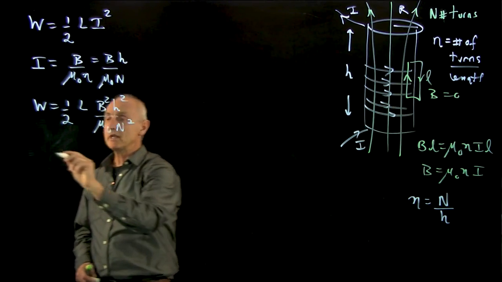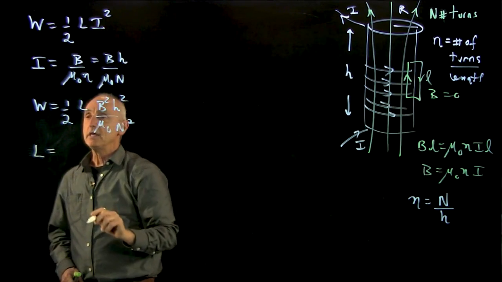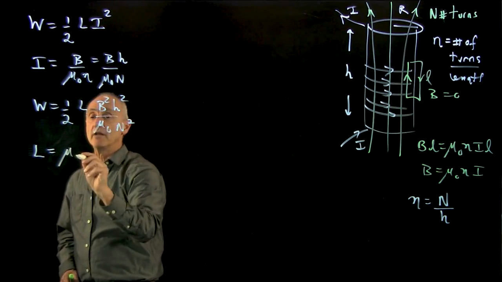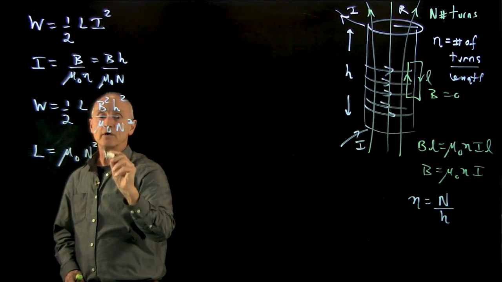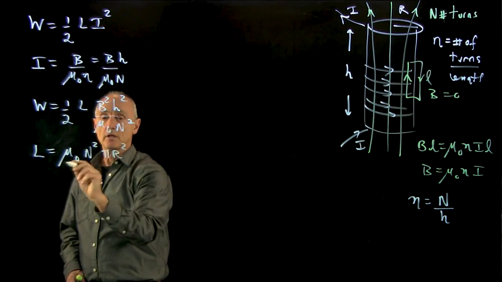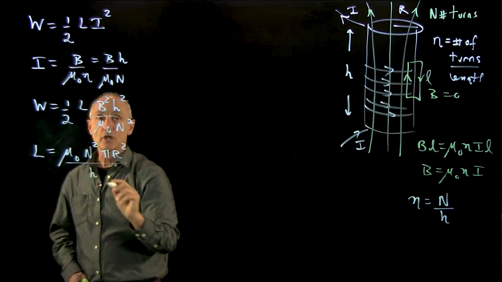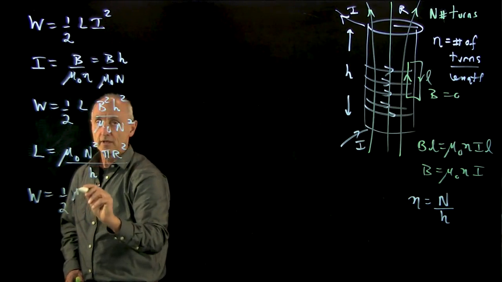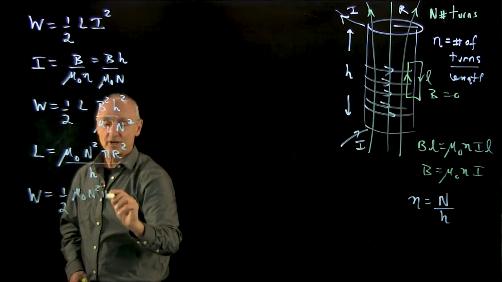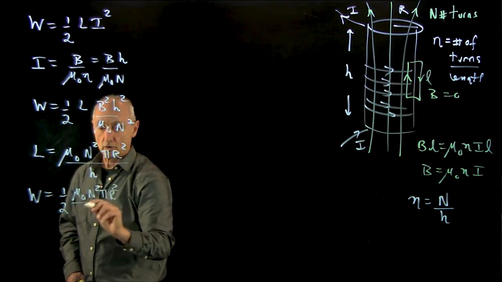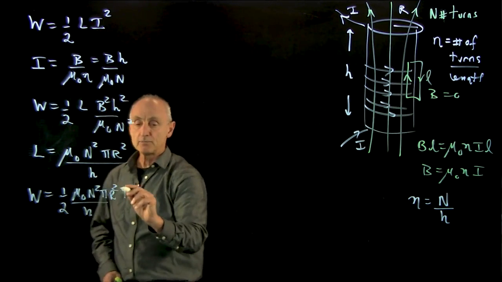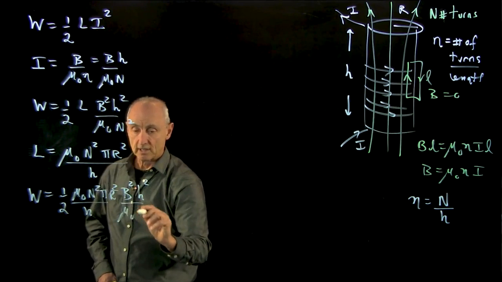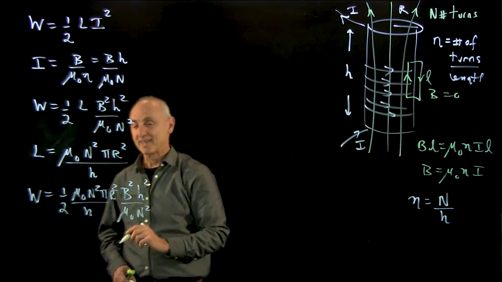Now, we just calculated the self-inductance of the solenoid, and we had mu naught n squared pi r squared over h. And so our work becomes 1/2 mu naught n squared pi r squared over h times B squared over mu naught squared n squared.